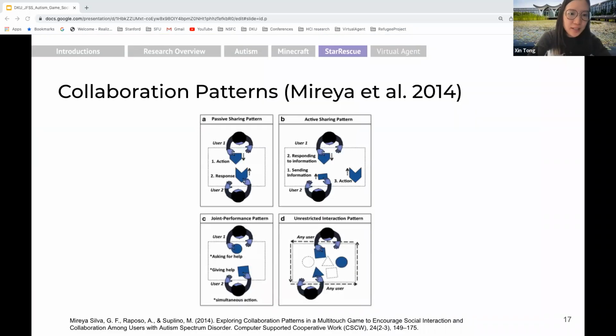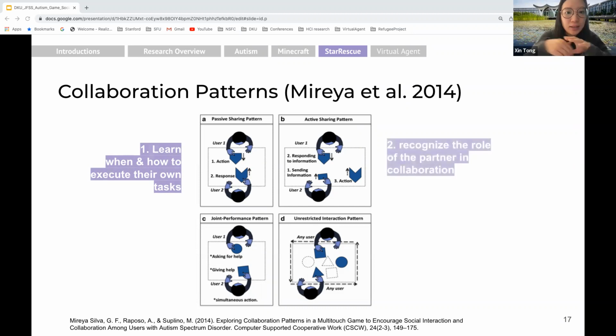We further investigated the collaboration patterns in theories, and based on Miraya's work, we mapped in-game behaviors or mechanics to different stages of collaboration to gradually develop their collaborative behaviors. The first step is for the children to learn when and how to execute their own task, and then recognize their roles.